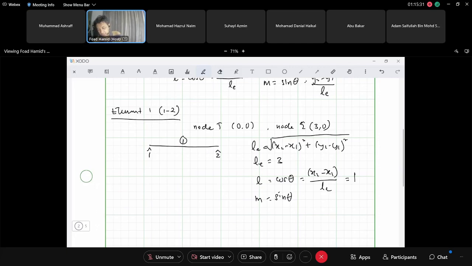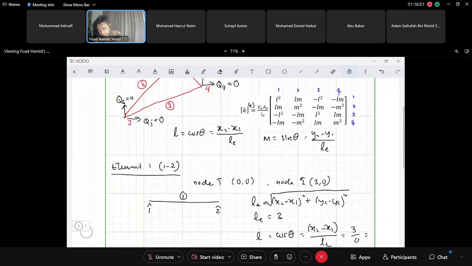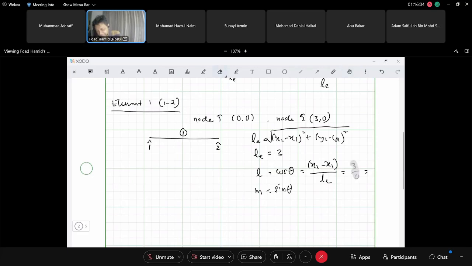Or to be safe, let's calculate this. What is x2? x2 is 3, x1 is 0. So L is not 0. x2 minus x1 is 3 and LE is 3, so this is equal to 1.